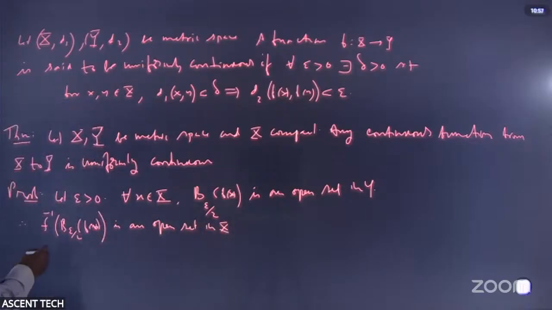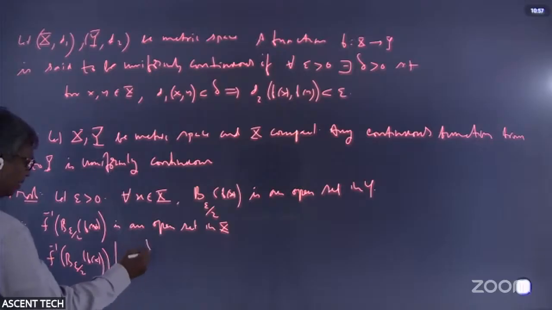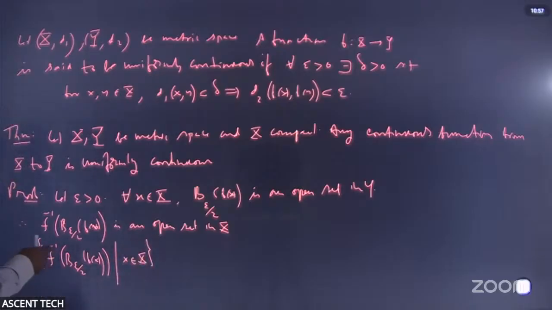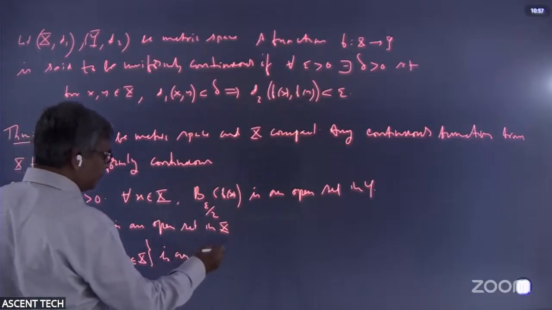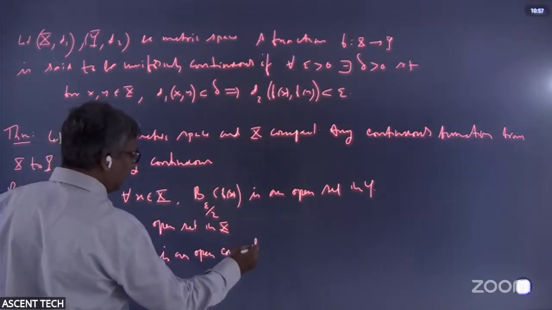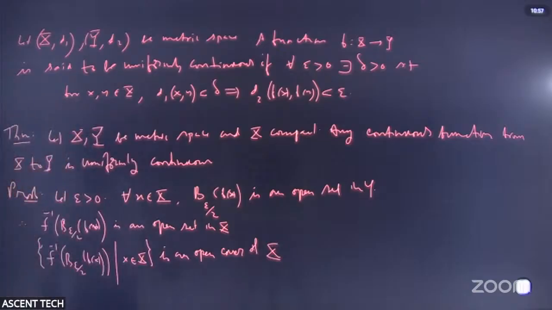So if you look at f inverse of B(f(x), epsilon by 2), where x is in X, it is an open cover of X. What does it mean?